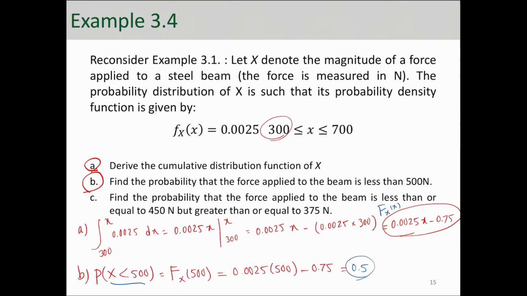Now, part C of this problem says find the probability that the force applied to the beam is less than or equal to 450 but greater than or equal to 375. We can use the same logic for part C as well.